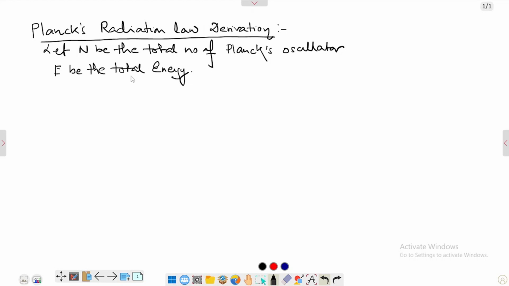Therefore, the energy per oscillator is given as, we'll name it epsilon bar, equal to the total energy divided by the total number of oscillators.